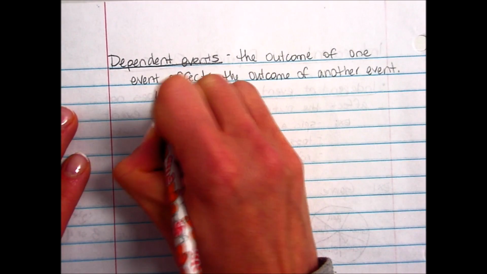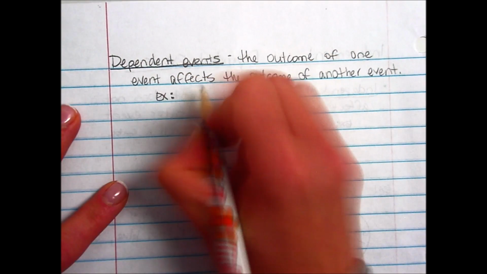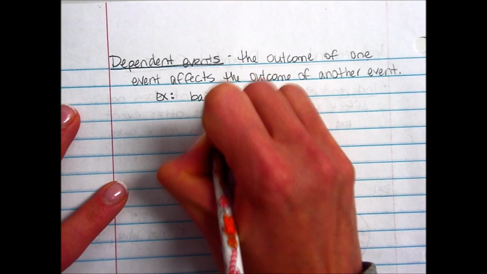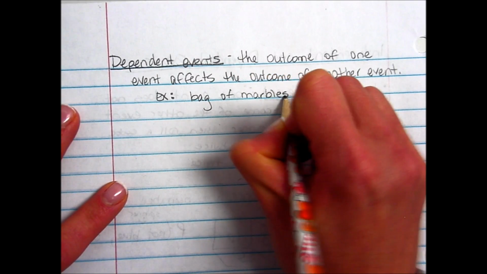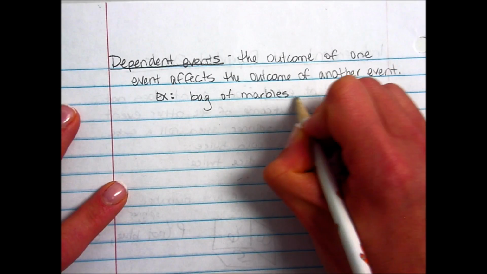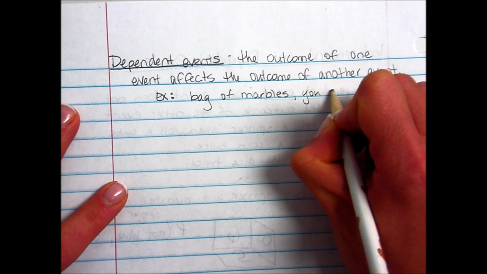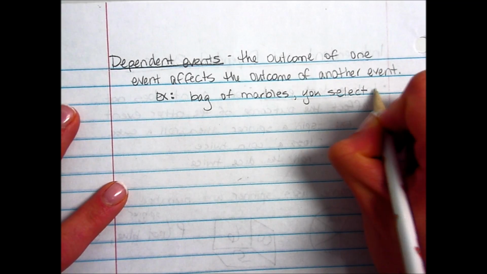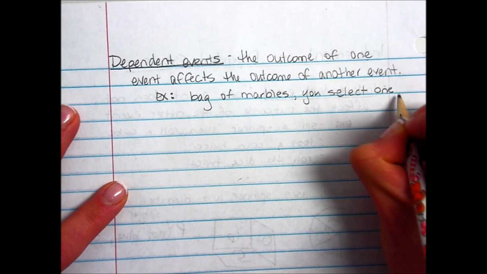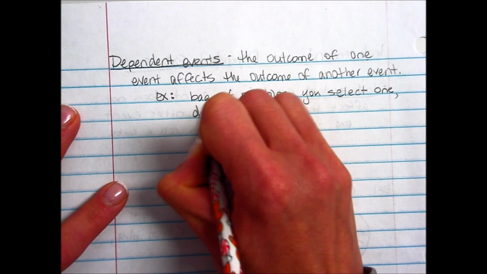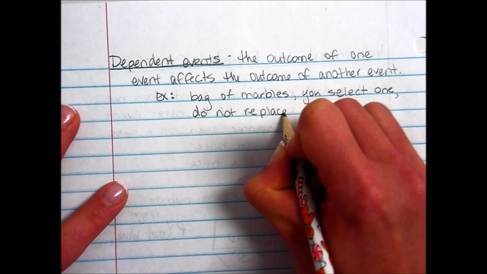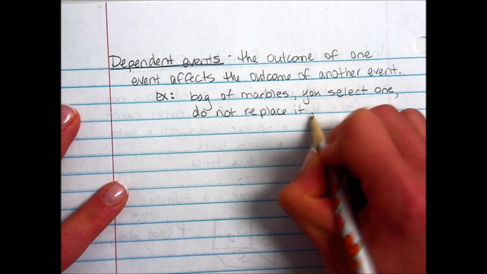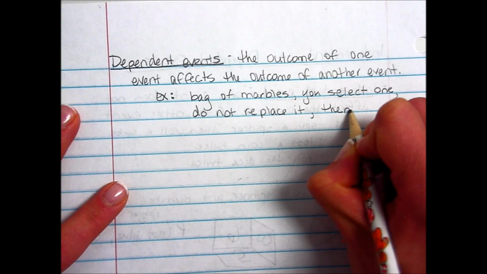All right, so an example would be, let's say you have a bag of marbles. You select one. Do not replace it. Then you select a second.